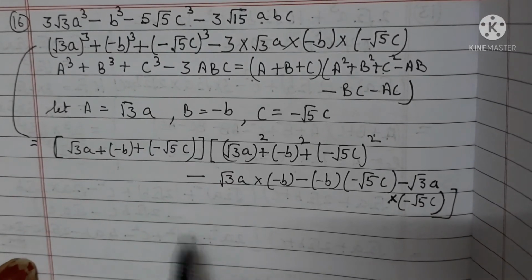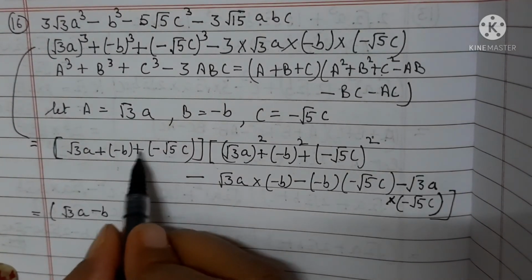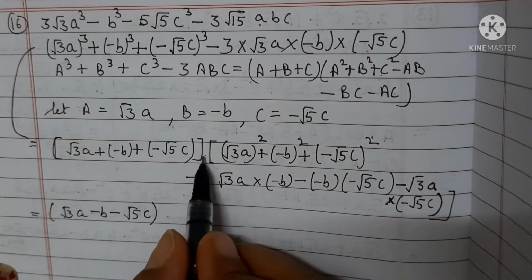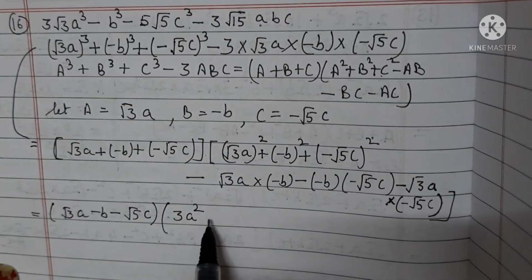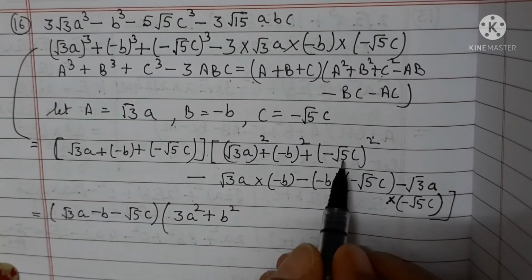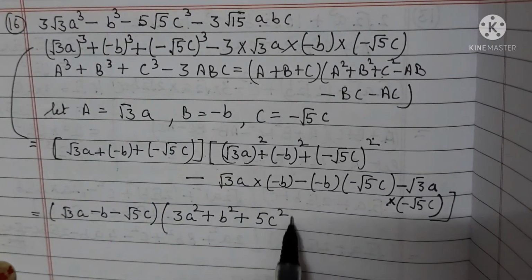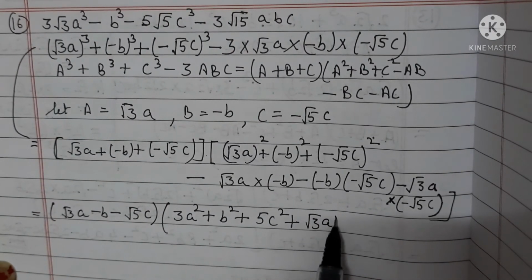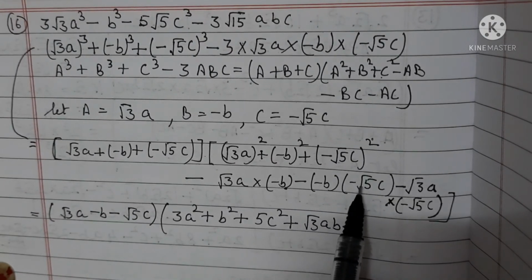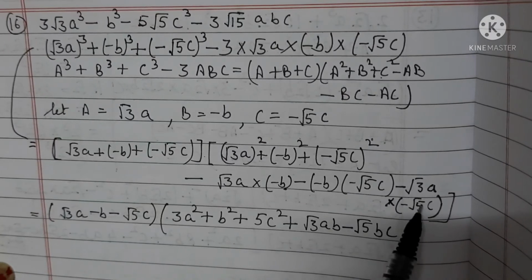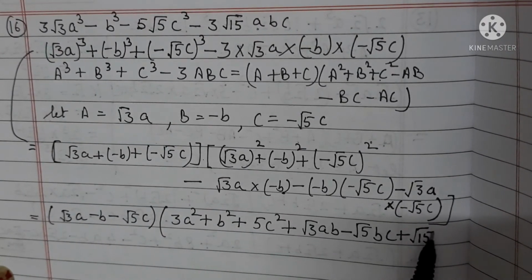Now solve it and see what you will get. Here (√3 a − b − √5 c) is the first part, and here 3a², minus square means plus b², this minus square becomes plus, and plus 5c², and here minus and minus plus √3 ab for this part, then minus and minus into minus, plus into minus, minus √5 bc, and third part is minus into minus plus, and 5 3s are 15, √15 ac.